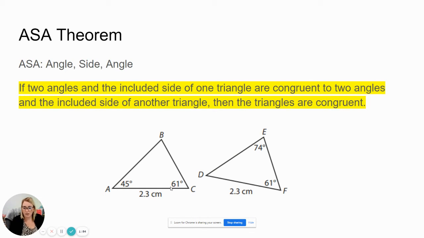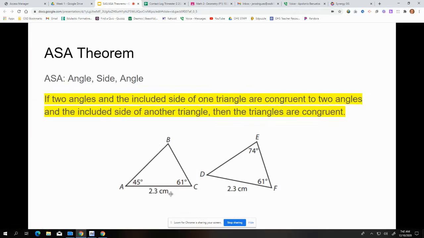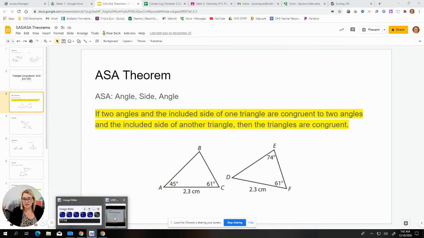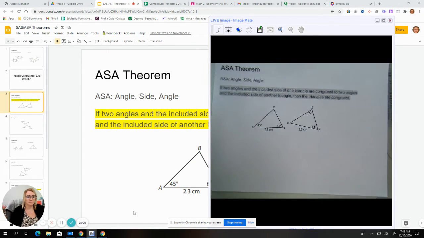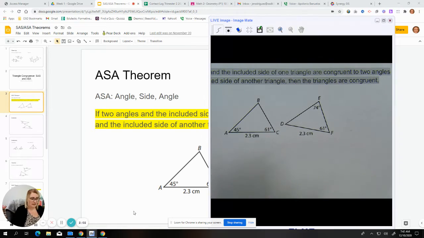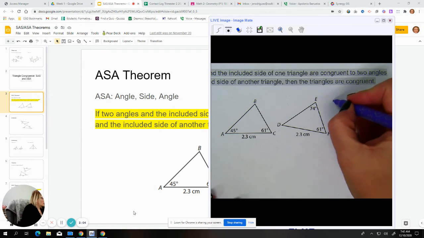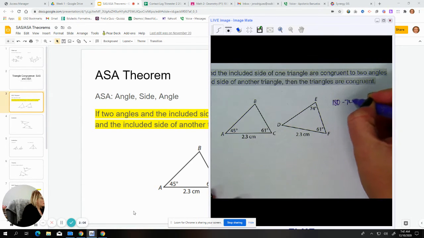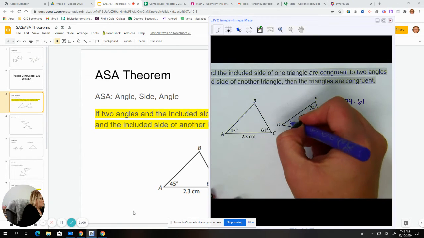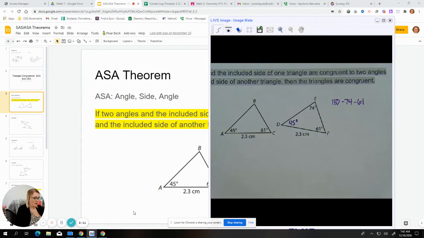Let me pull up this other screen and draw it in to emphasize it a little bit more for you. Again, 180 minus 74 minus 61 makes this angle 45.